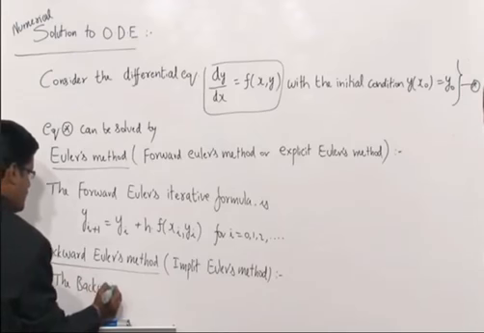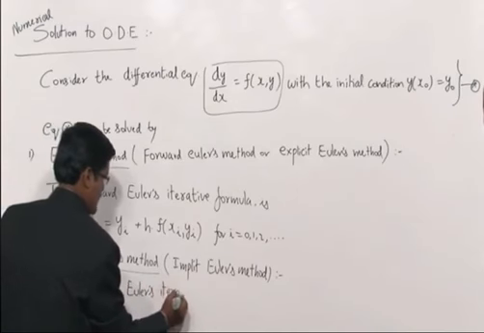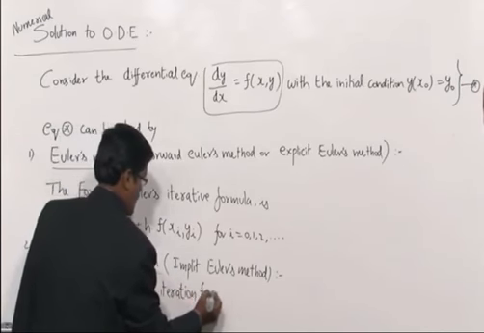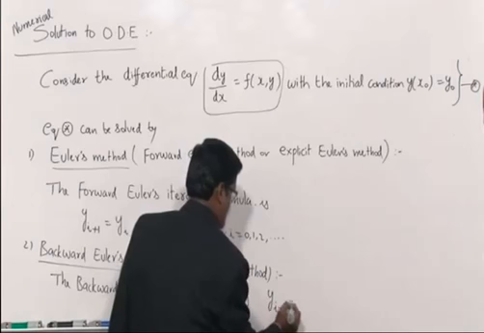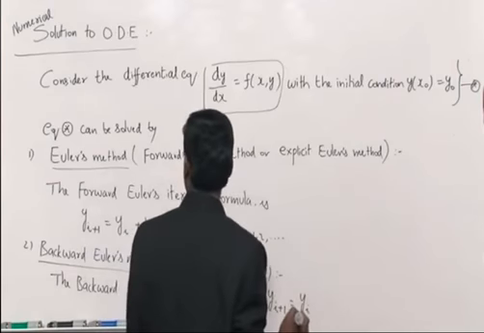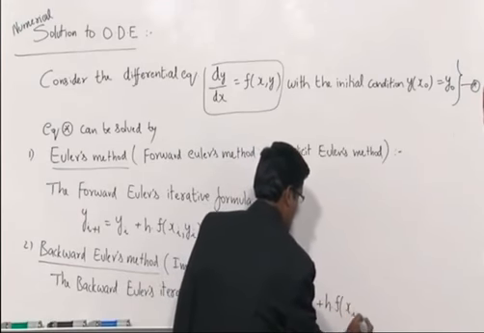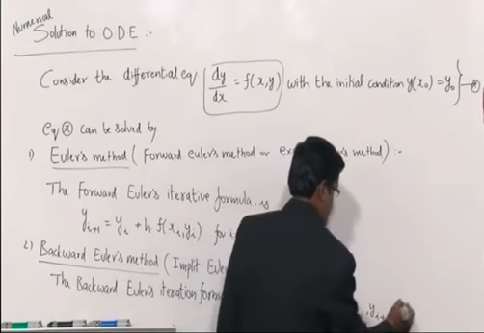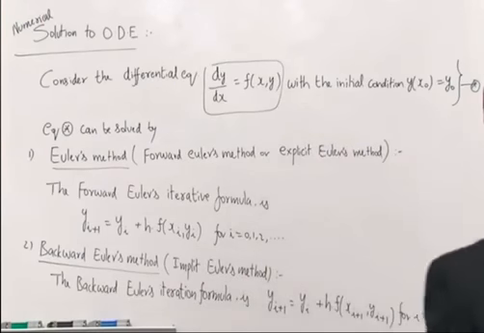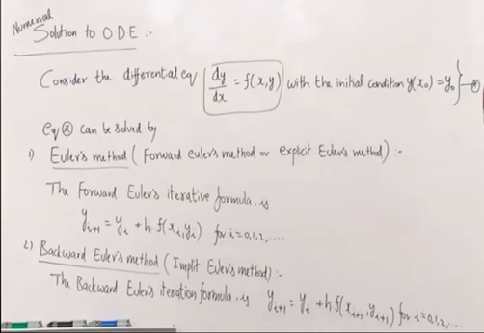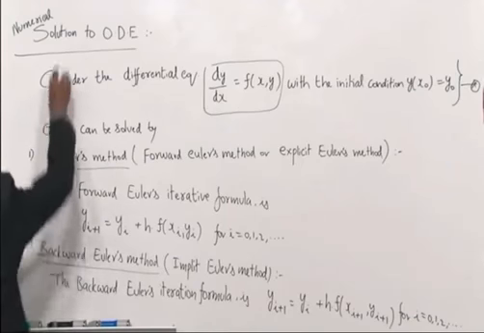The backward Euler's iteration formula is y(i+1) is equal to y(i) plus h times f of x(i+1) comma y(i+1), for i is equal to 0, 1, 2, and so on. In Euler's, only 3 types of methods. Okay.